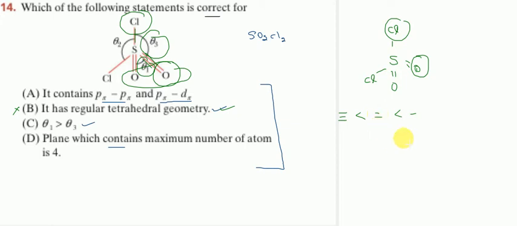Then we can say sulfur has a shorter bond length with oxygen as compared to chlorine. It says theta 1 is greater than theta 3.